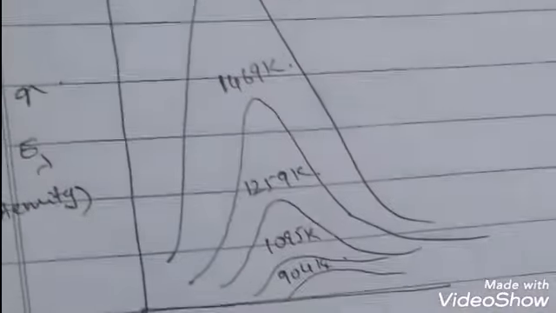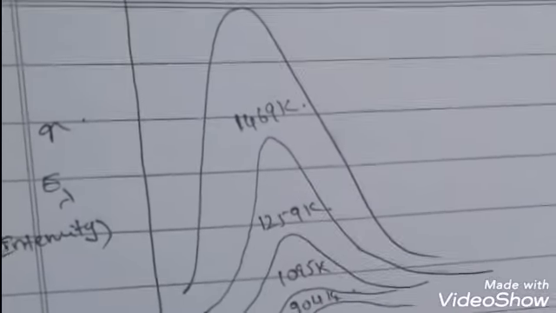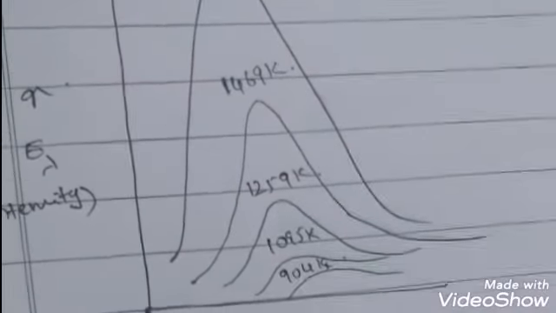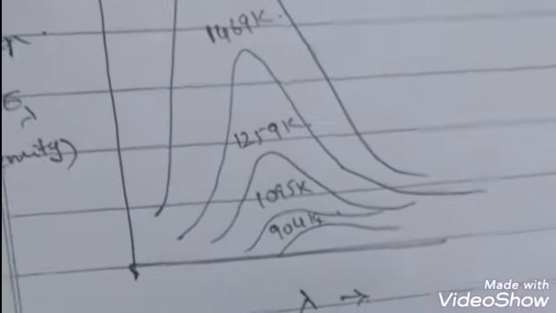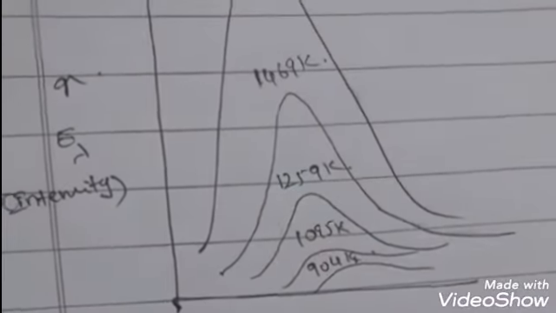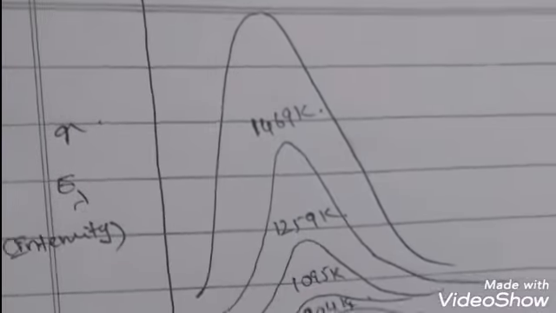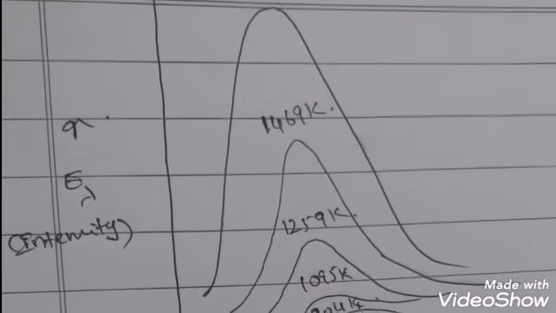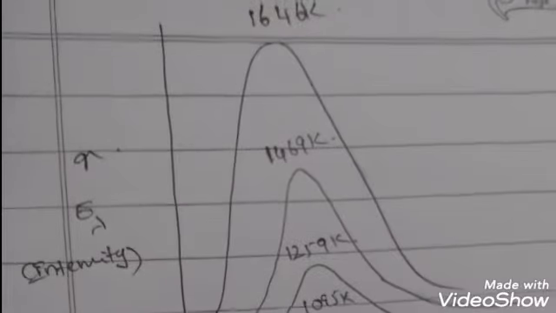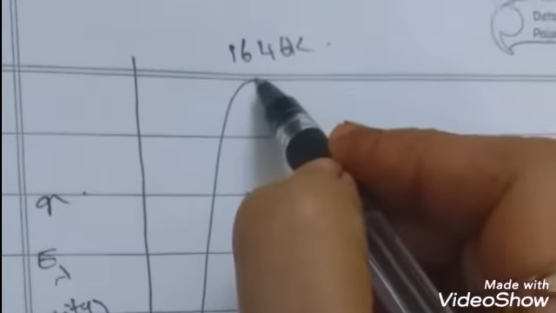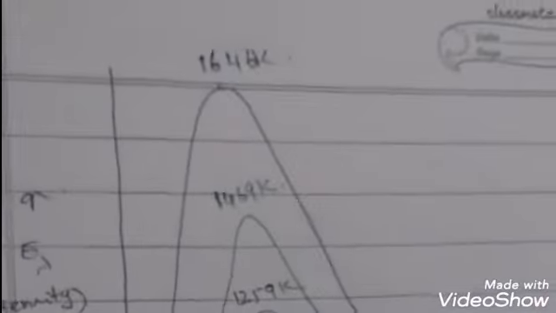Now what are the experimental results we get from the graph? We can say that the emission from a black body at any temperature is composed of radiation of all wavelengths. We know that when the temperature increases, the radiation also increases, right?